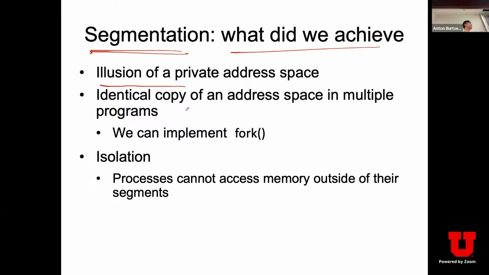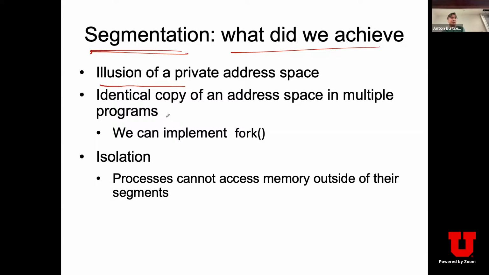You just give it new data, code and stack segments, and it will run. Each instance of this program, like wc for example, will have its own address 0. In physical memory, since we're adding the base, they will go to different memory locations, with their own private data section, code section and stack segment.